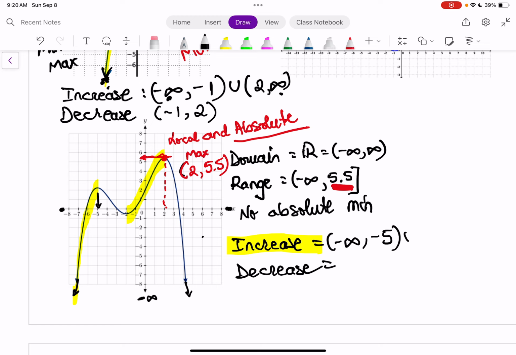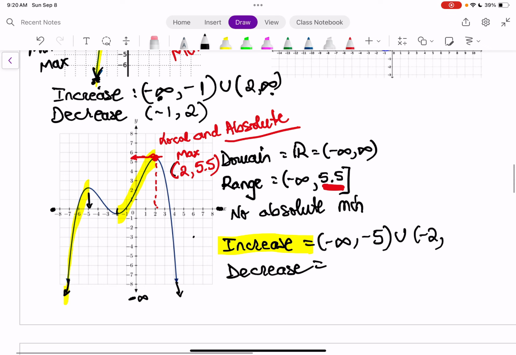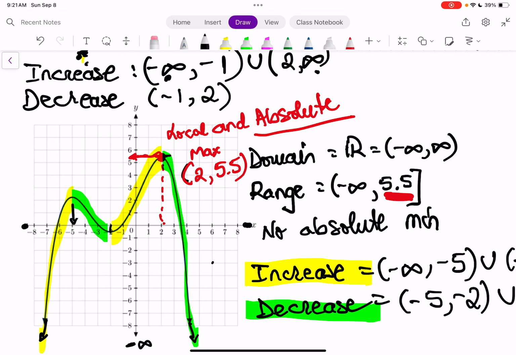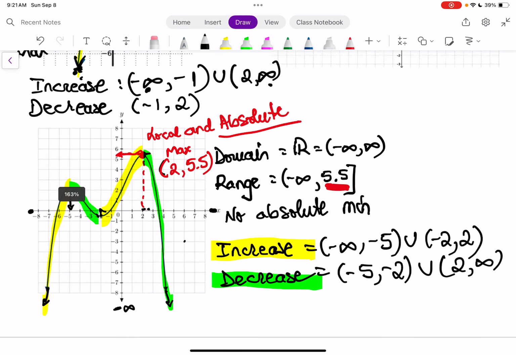And then again, you see the graph is increasing between -2 and +2. And on the rest of it, the graph is decreasing. So it's decreasing between -5 and -2, and then again from 2 all the way to infinity.